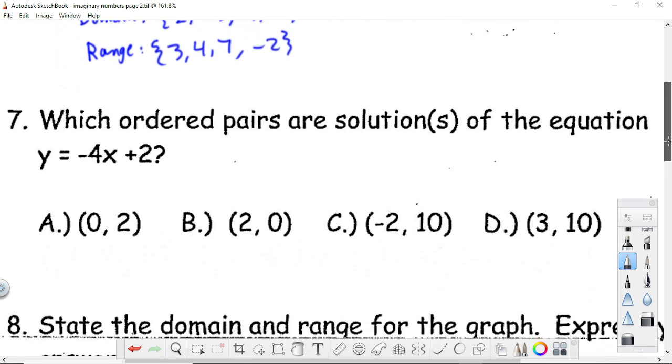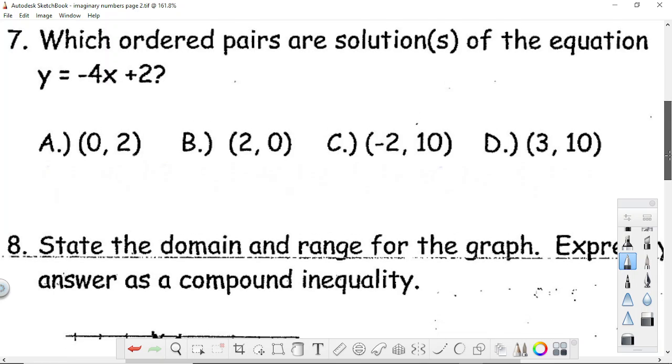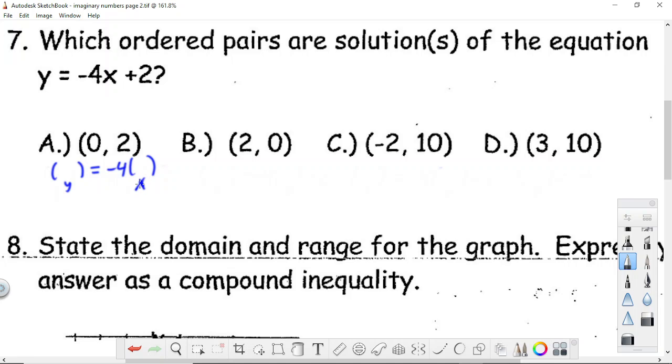Which ordered pairs are solutions of the equation? They give us the equation. We just have to check each of these, right? So y equals -4x plus 2. I'm going to put my y in there, but I'm labeling that set of parentheses y so I don't make a mistake. -4 times x plus 2.